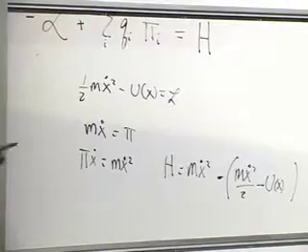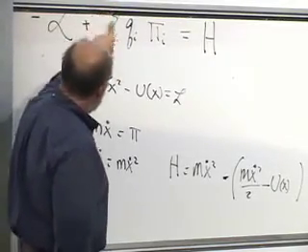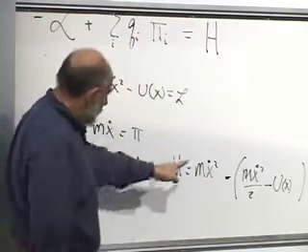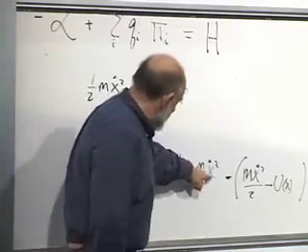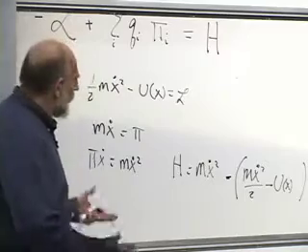So one term comes from the pi q dot, that's mx dot squared, and then we subtract off the entire Lagrangian. Notice what happens. What's mx dot squared minus mx dot squared over 2? It's just mx dot squared over 2.